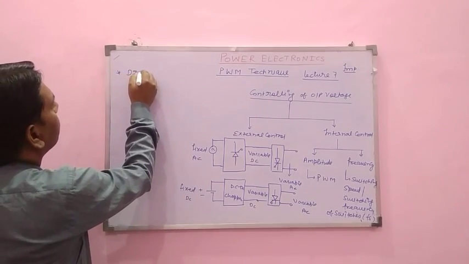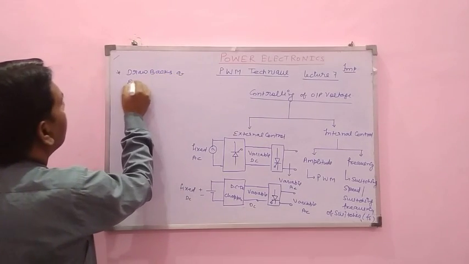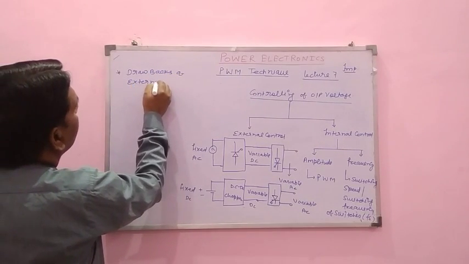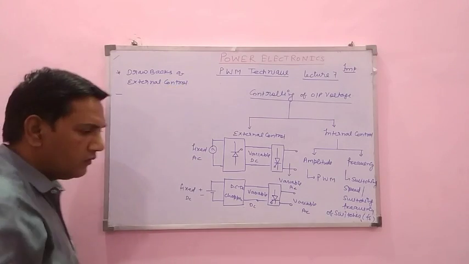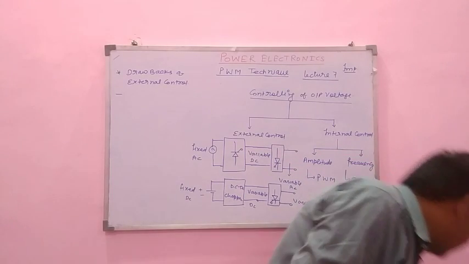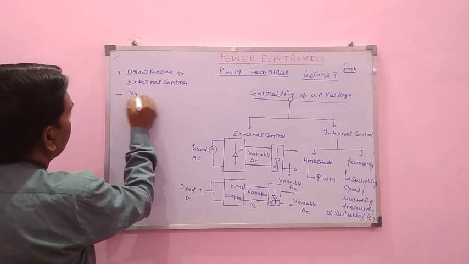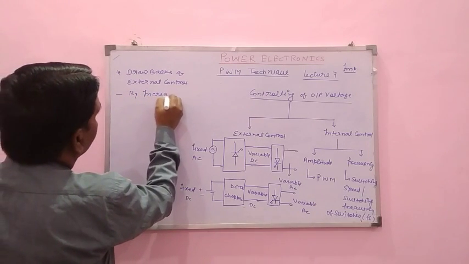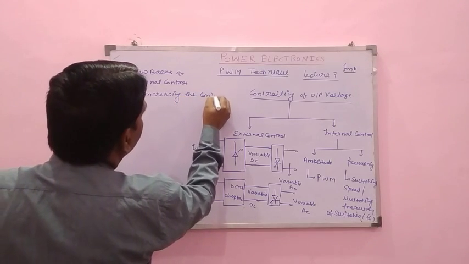Drawbacks of external control. These are the important points, note them down. First is the harmonic content increases by increasing the converter stages.